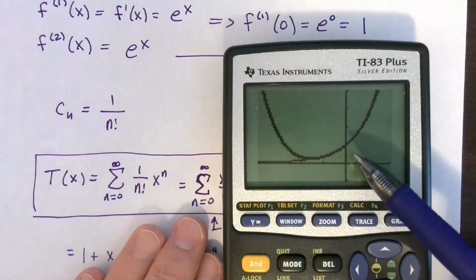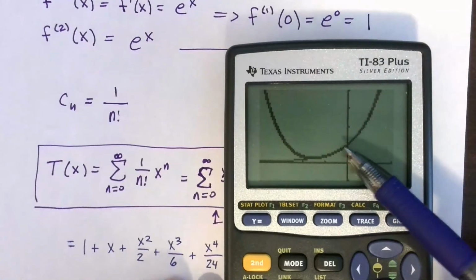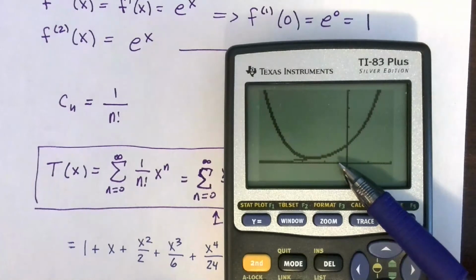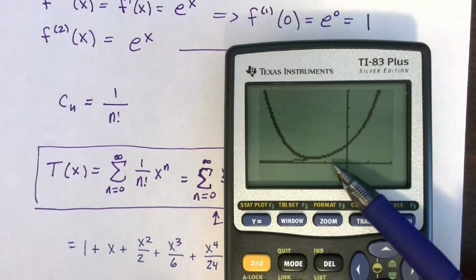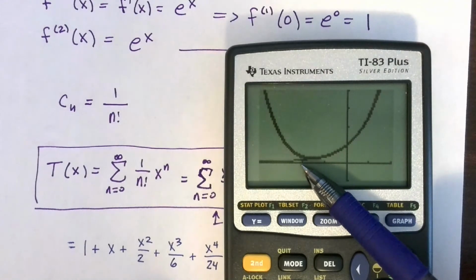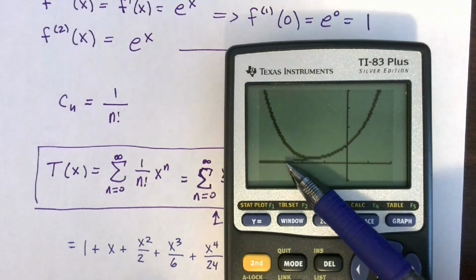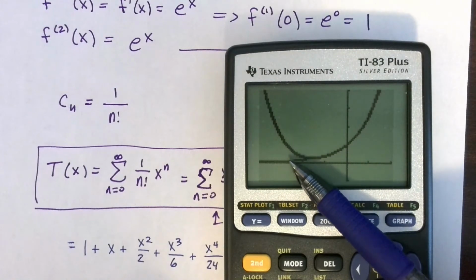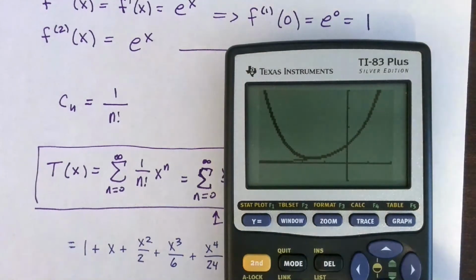But if I'm approximating a value of e to the x near x equals 0, I'm pretty darn good just to plug in the value of x right here, and I'll get a pretty good approximation, for any value close to 0, like -0.2 to +0.2. But if I'm back here at -2, -2.1, 2.3, or something like that somewhere else, there's a pretty big discrepancy there.